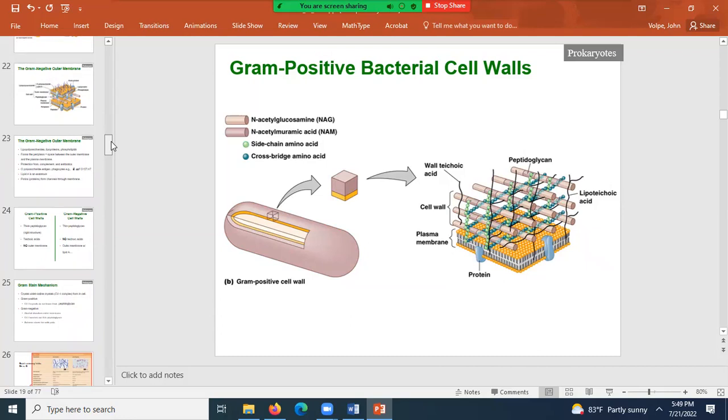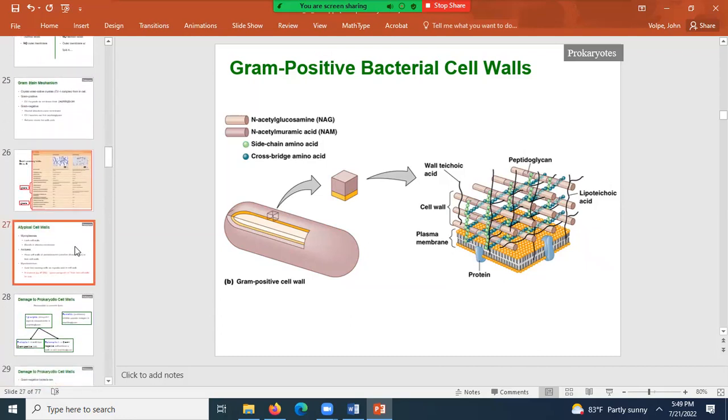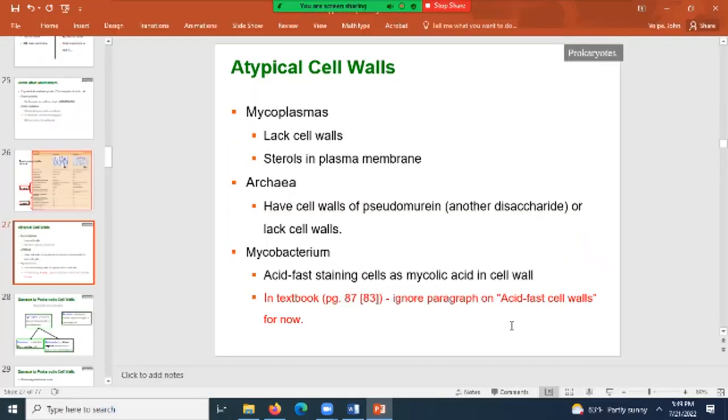The first I want to mention, which I think I've already mentioned, is the archaea. Everything that we've talked about with the cell walls applies only to bacteria. The archaea generally have cell walls, but they are not made of peptidoglycan. They are made of another disaccharide. You don't need to know the name, pseudomurein.